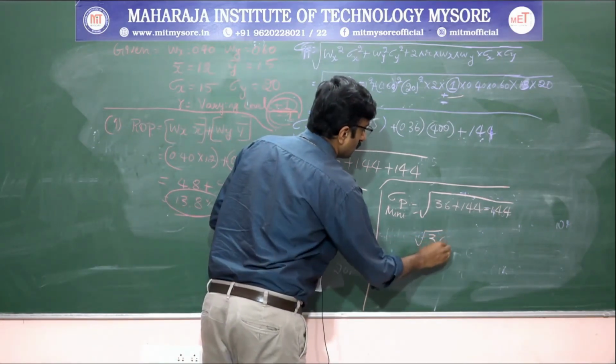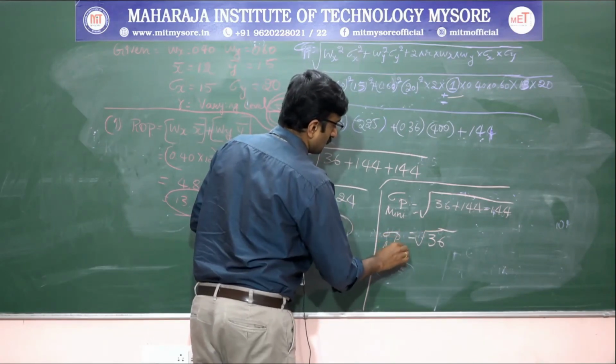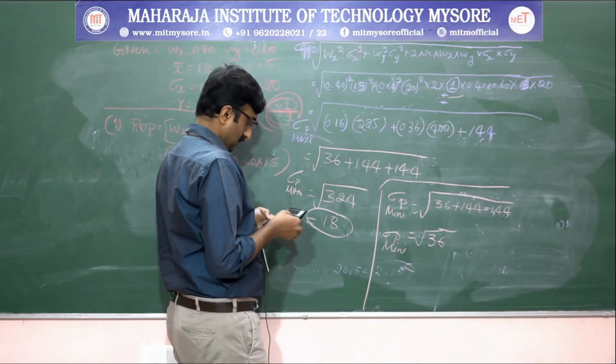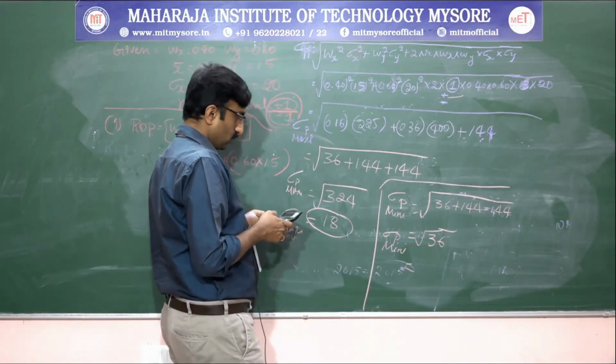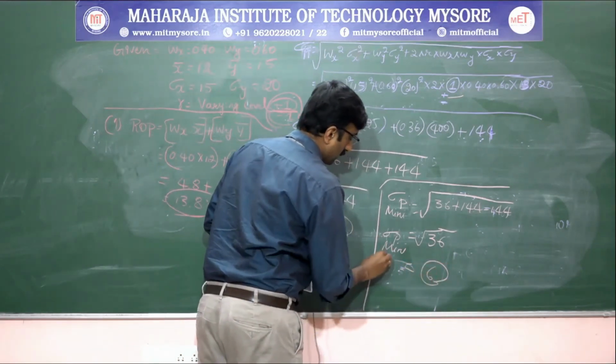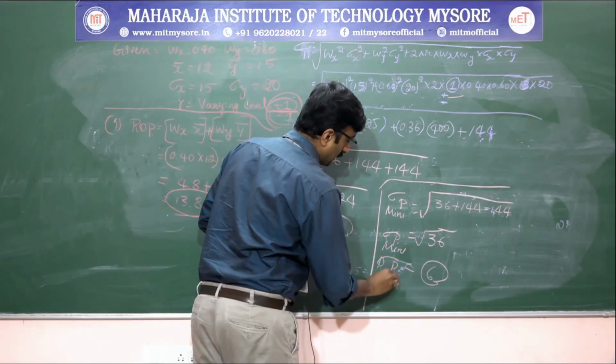So, root 36, standard deviation mini. Root value for that is 6. This is standard deviation P mini.